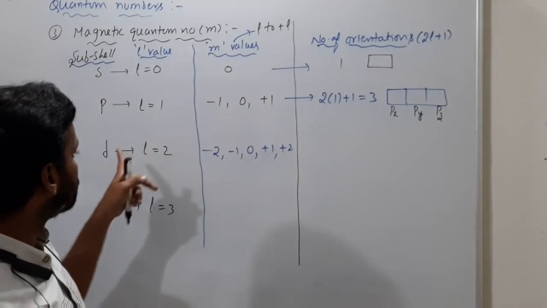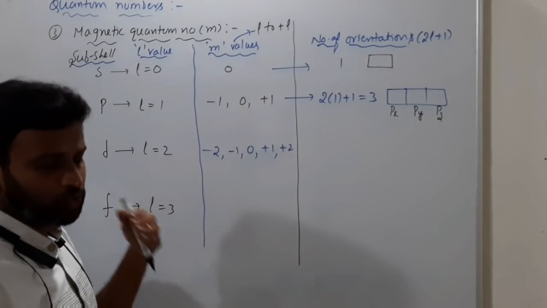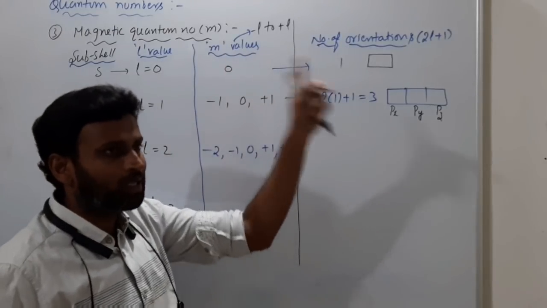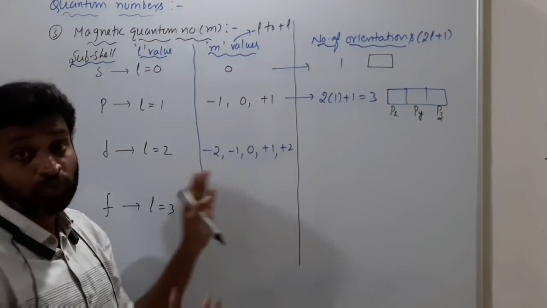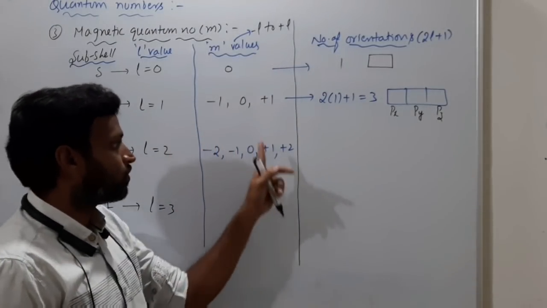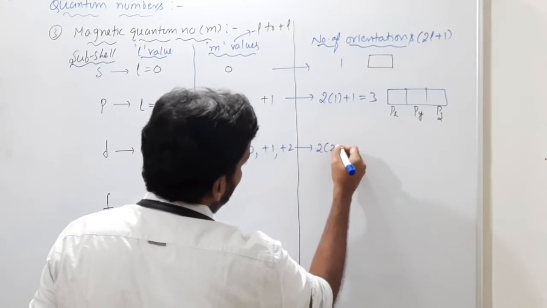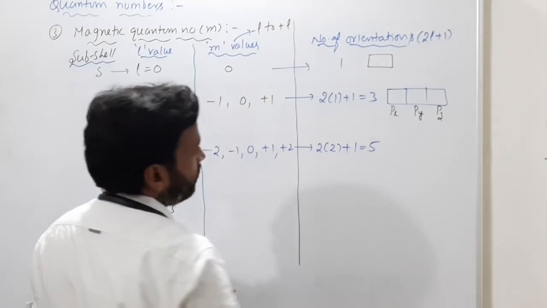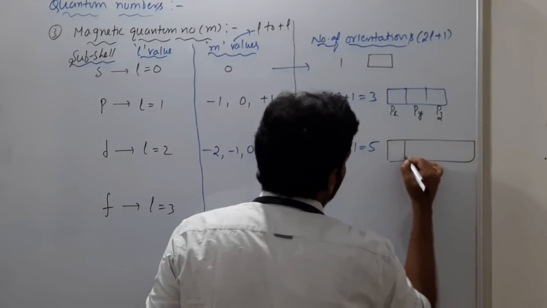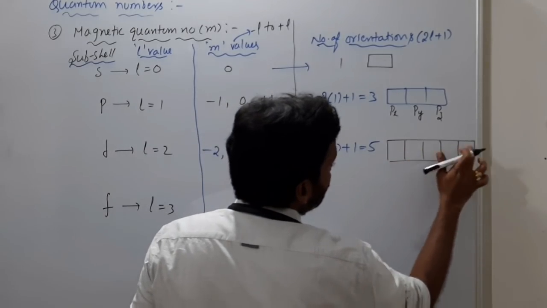The m values are from minus l to plus l, so minus 2 to plus 2, and in between also we have to consider: minus 2, minus 1, 0, plus 1, plus 2. Then the total orientations are 2 into 2 plus 1, so 5 orientations. That means you will have 5 boxes: 1, 2, 3, 4, 5.